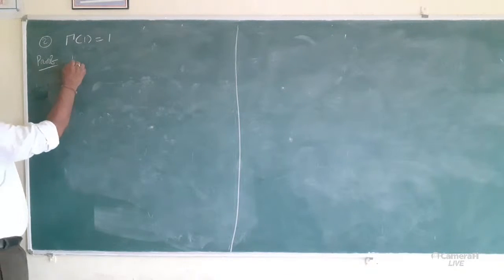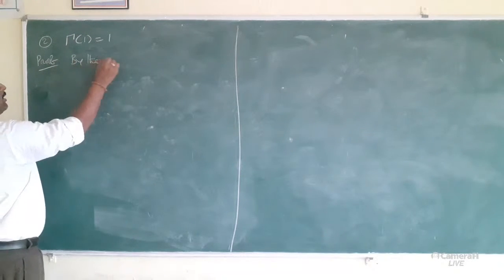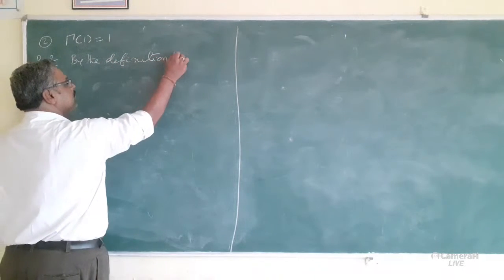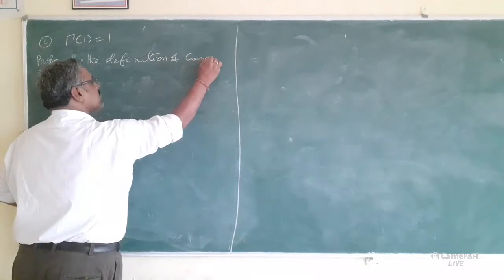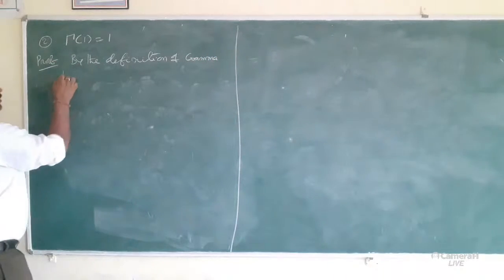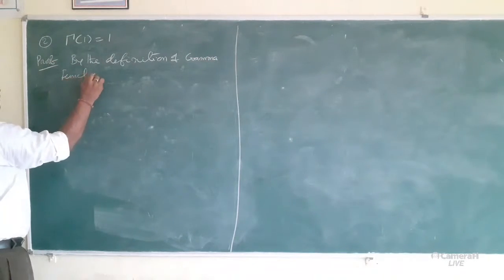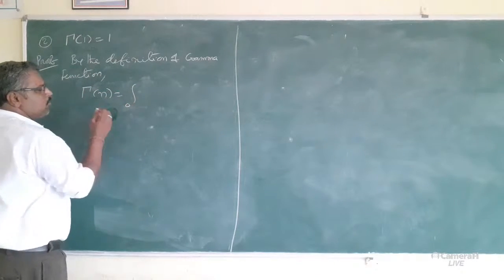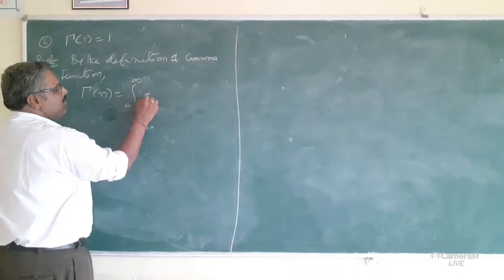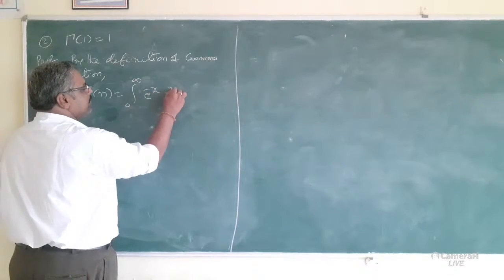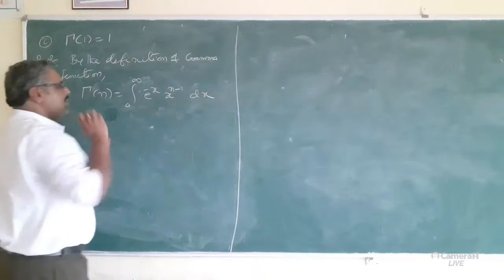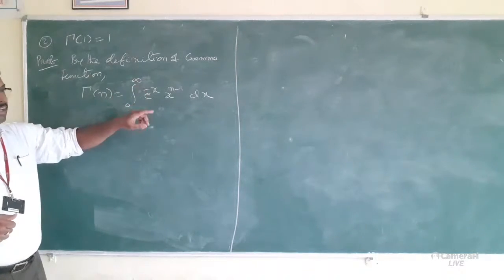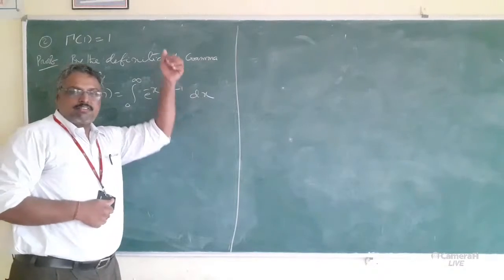By the definition of gamma function, gamma n equals integral 0 to infinity, e power minus x into x power n minus 1 dx.